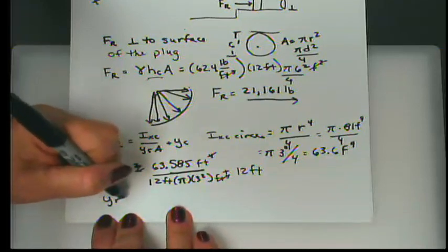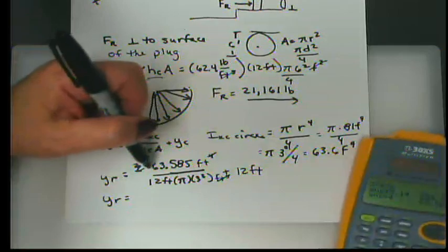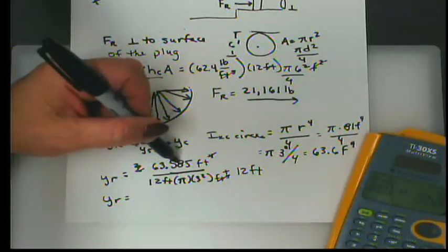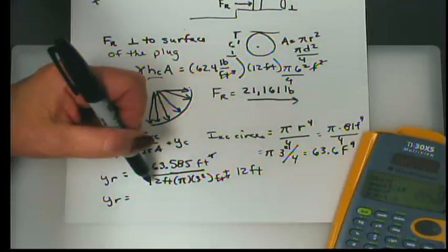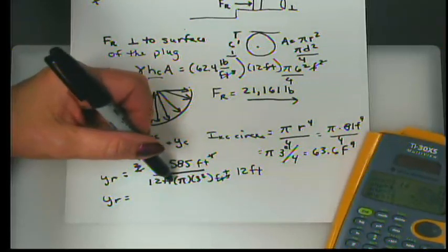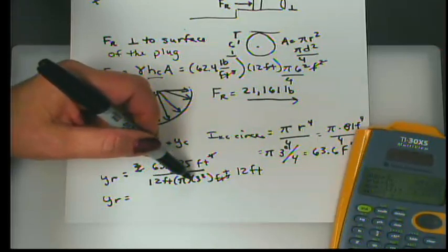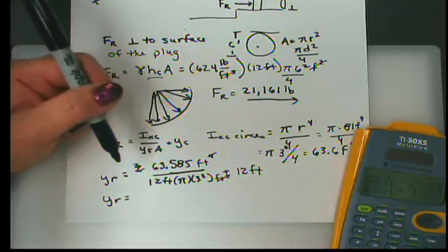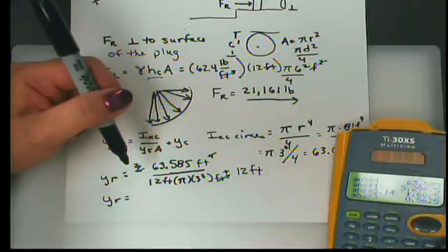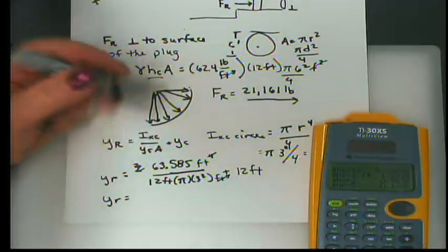So my value of y sub r then is this number, 63.585 divided by 12 divided by pi, and divided again by 3 squared, which is 9. All right, and that value actually, I only divided that by 3. I need to divide it by 3 again. Yeah, there we go.